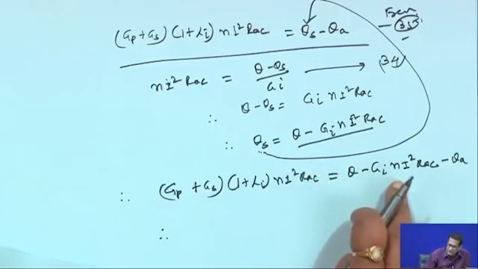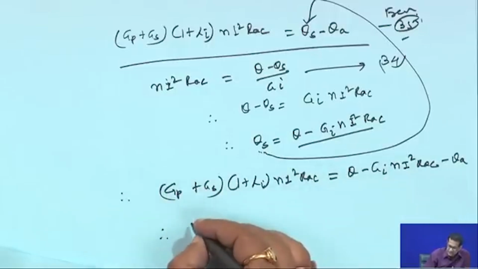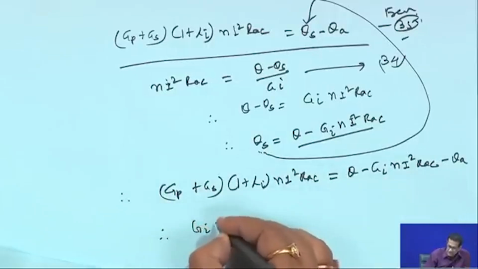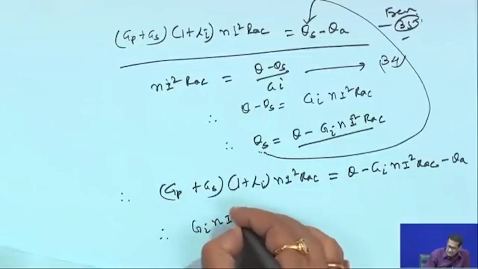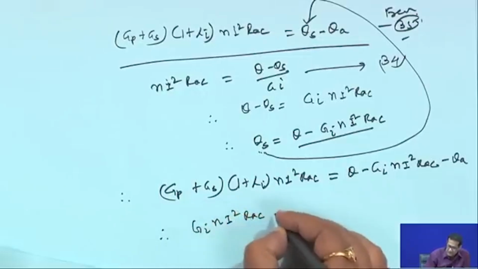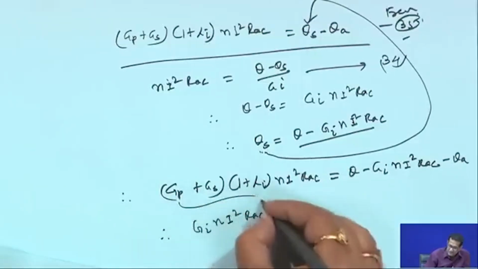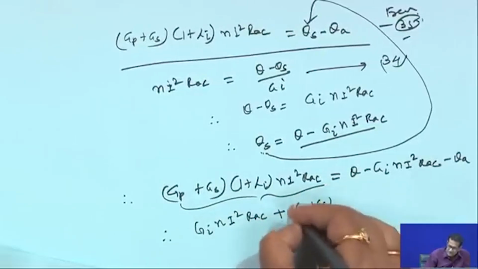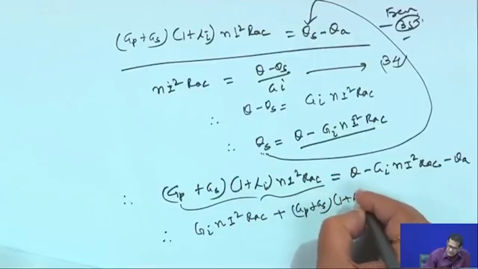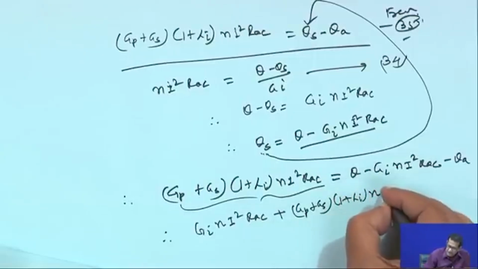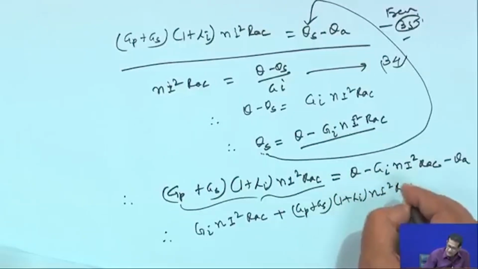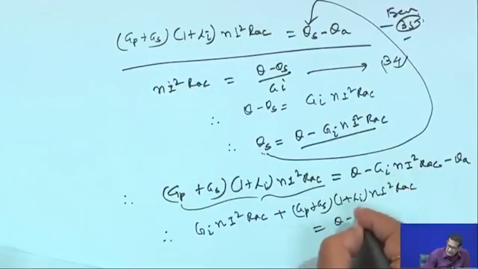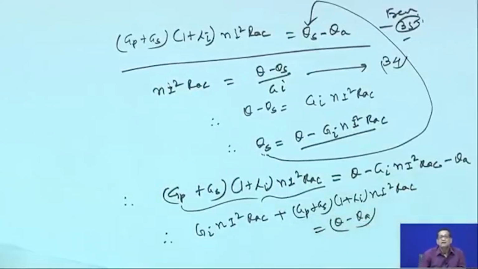Therefore, this Gi n I square R A C we bring to the left hand side. Therefore, Gi, then n, then I square, then R A C plus all this term Gp plus Gs, 1 plus lambda I, then n, then I square, then R A C is equal to theta minus theta a, right.